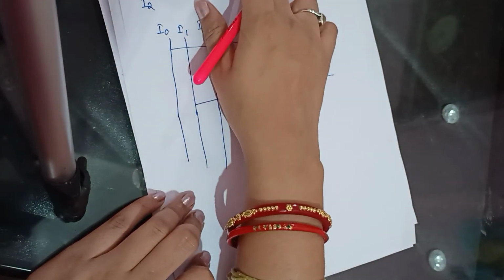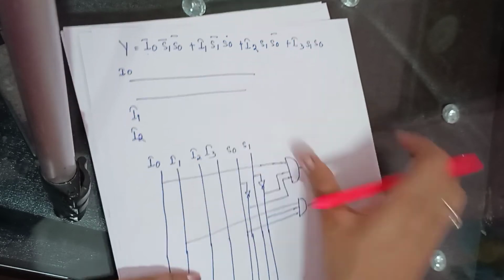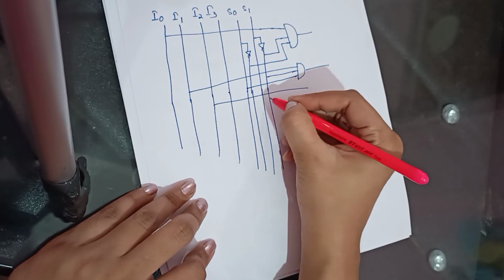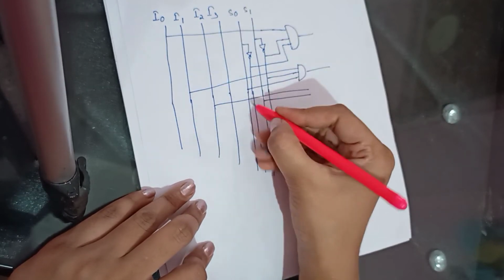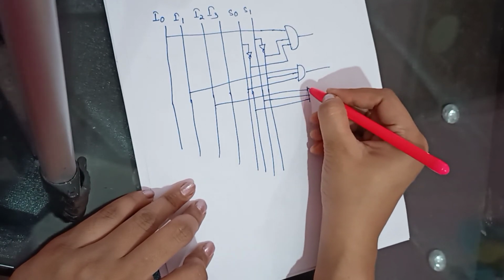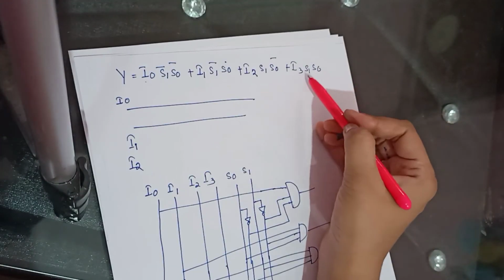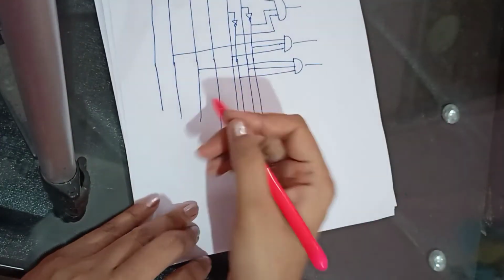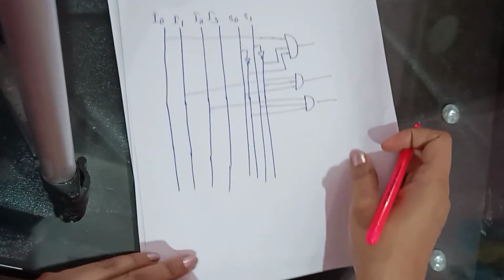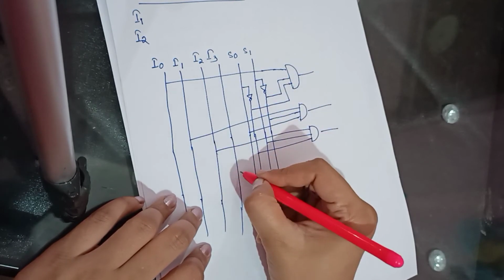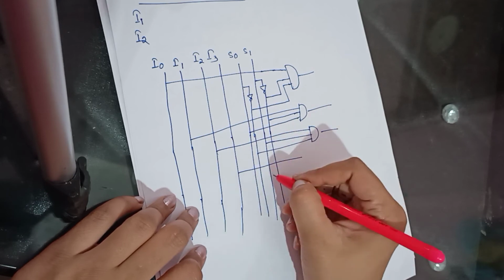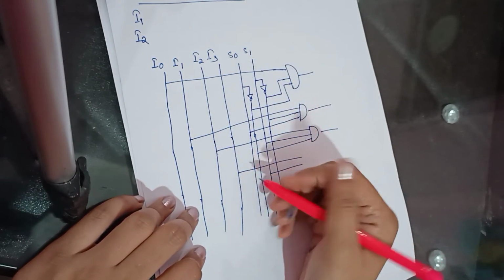Next is your I2 S1 S0 bar. I2, S1, S0 bar. Next is your I3 S1 S0. Here is your I3, this is your S1, this is your S0.